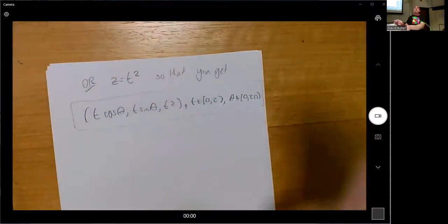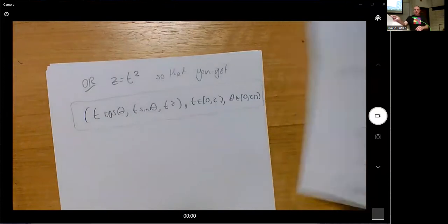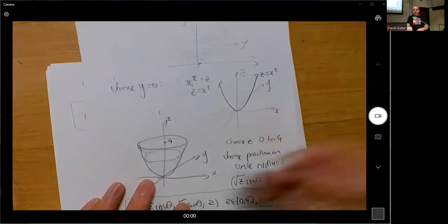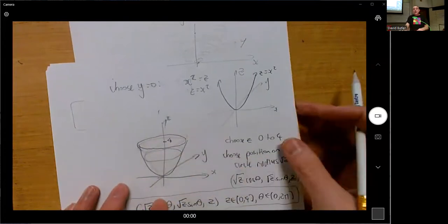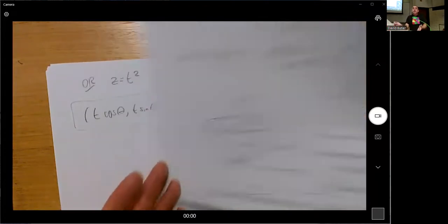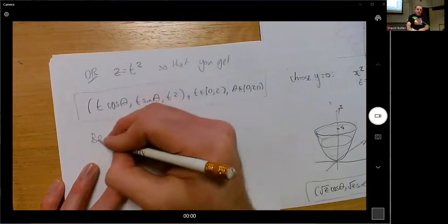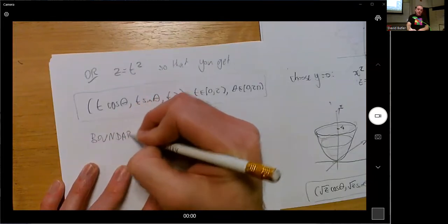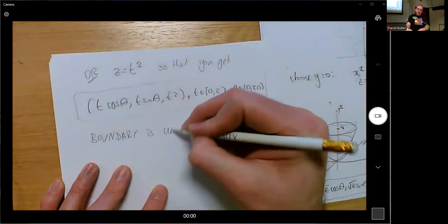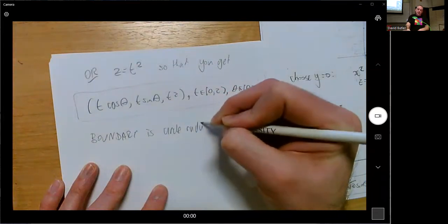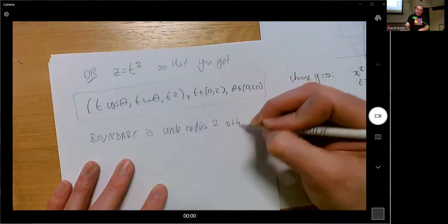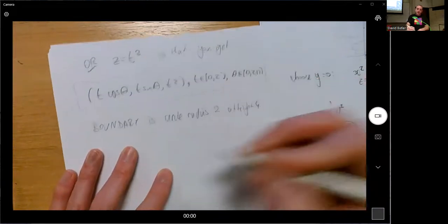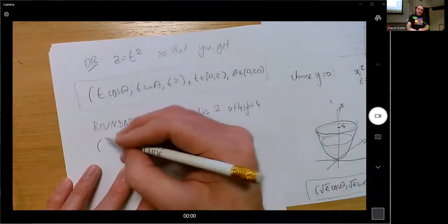Oh, just a second. I have one more thing to say. The boundary of this surface is this circle just here. And I have carefully, because it is a circle, then I can say that the boundary is the circle radius 2 at height 4. And so the boundary has this parameterization.